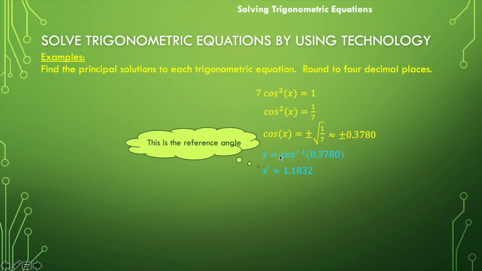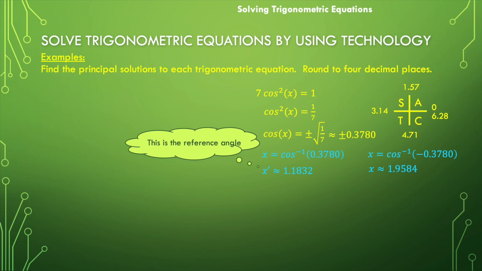And then we would also want to do this process for the negative because this is plus or minus. So let's do the or minus part over here. x is equal to cosine inverse of negative 0.3780. Great. And we would get that value from our calculator, 1.9584. Okay, fantastic.